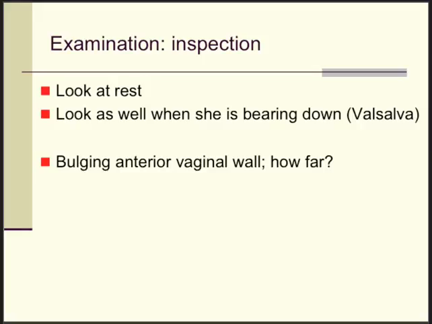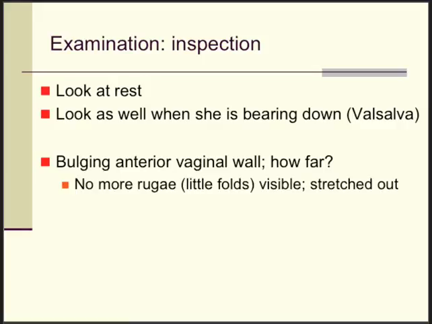For a cystocele, it's clear that the anterior vaginal wall is coming down and bulging. How far does it come down when she's bearing down? Typically, for an anterior vaginal wall prolapse, the vaginal rugae, the little folds, have disappeared. The vaginal wall, as it were, is stretched out.